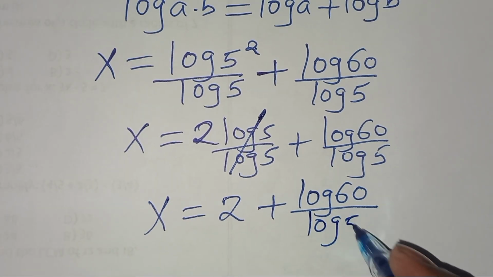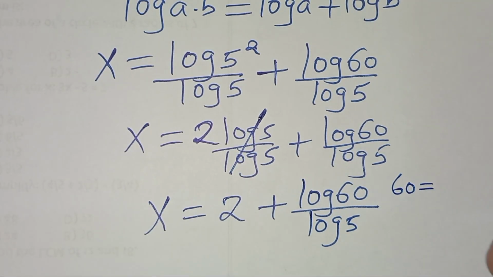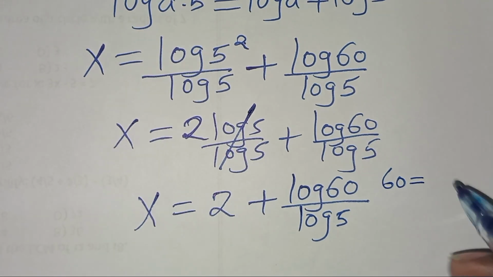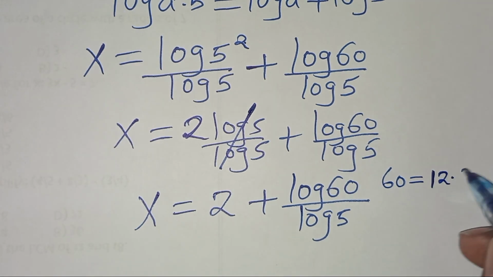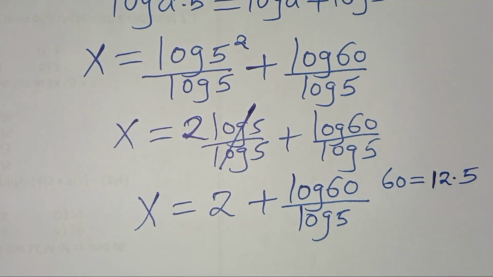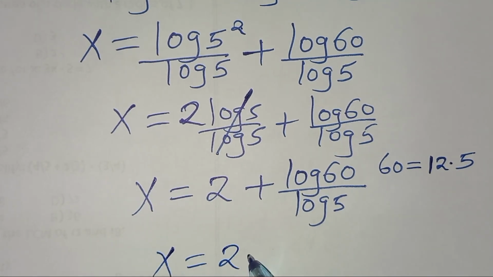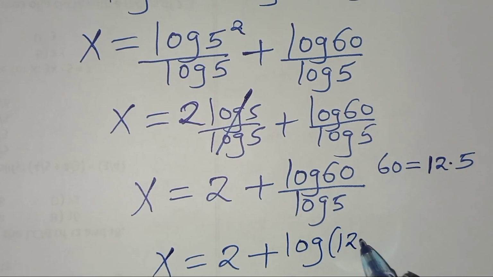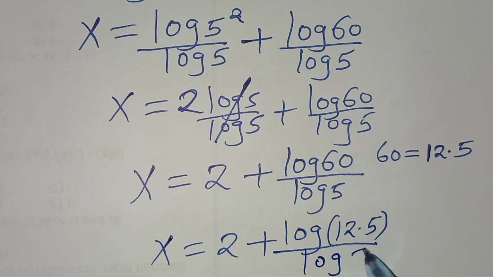Now we can express 60 as 12 multiplied by 5. Now here we have x is equal to 2 plus log 12 multiplied by 5 divided by log 5.